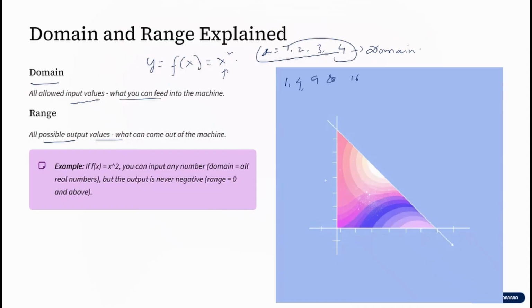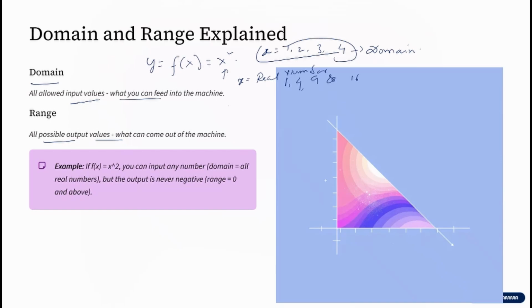Now if we consider the domain to be real numbers, means x is equal to a real number, in that case the range or the value of y will always be a whole number.